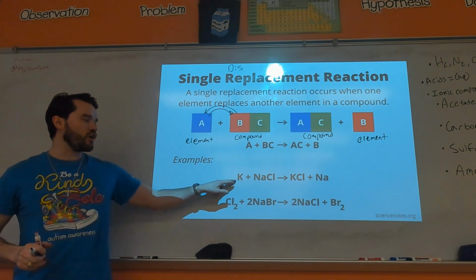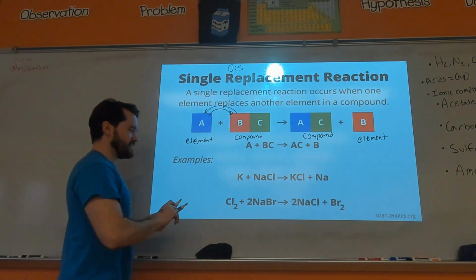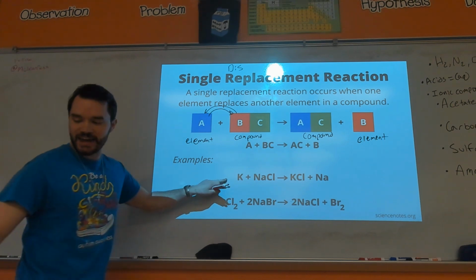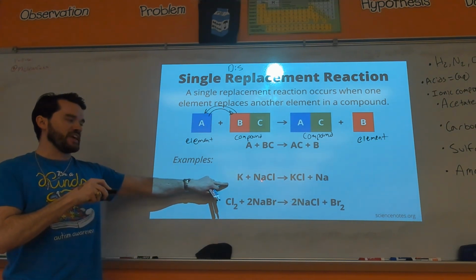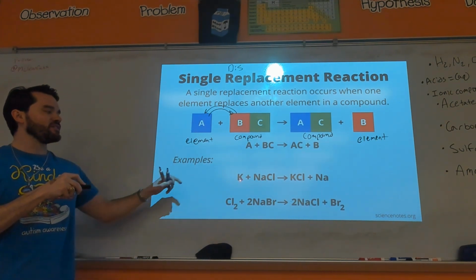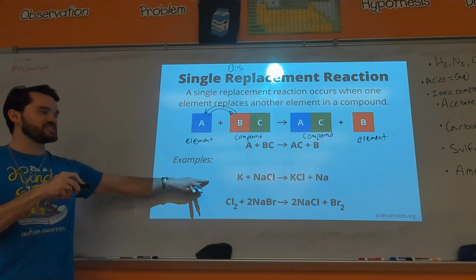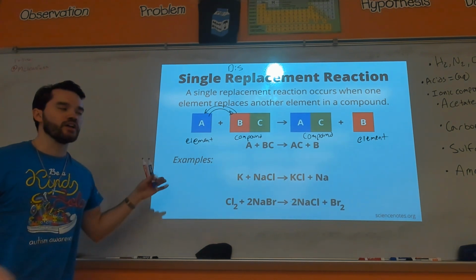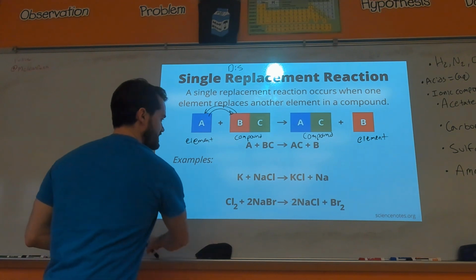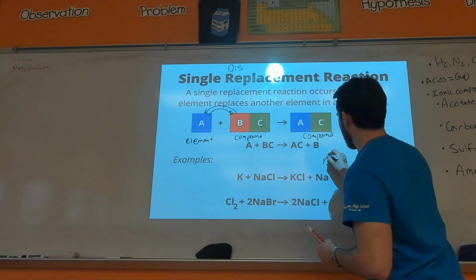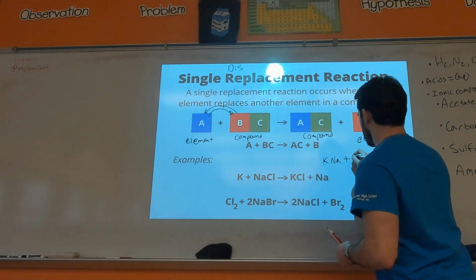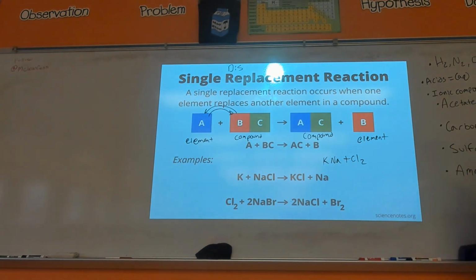How would you know that K, as they're showing it, is swapping positions with Na? Why is K not swapping positions with Cl? In other words, why aren't we making KNa plus Cl2? Why isn't it that?